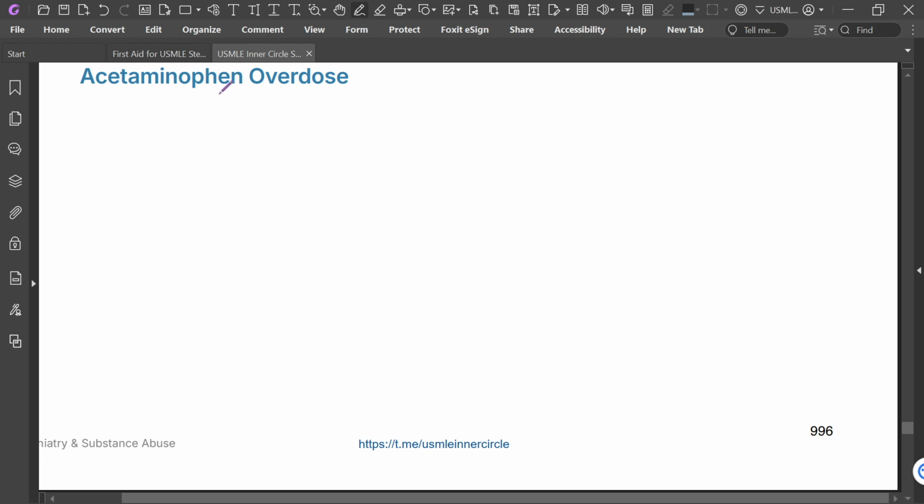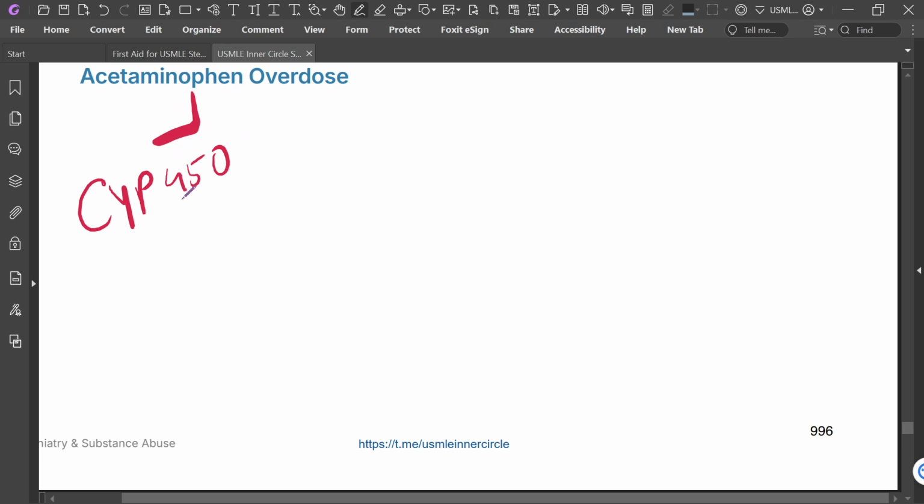Acetaminophen is metabolized by cytochrome P450, which accounts for 8%, and by sulfation and glucuronidation, which account for 90%.